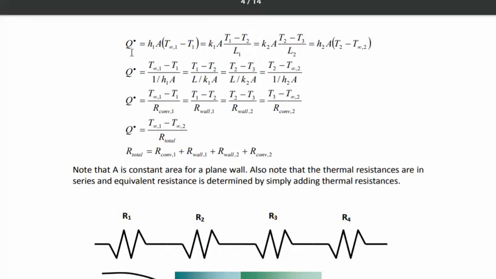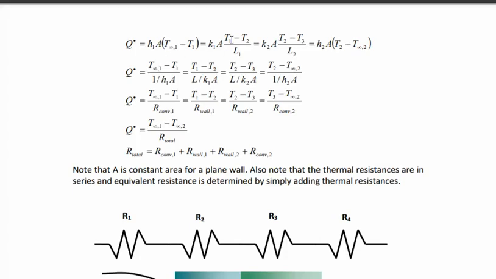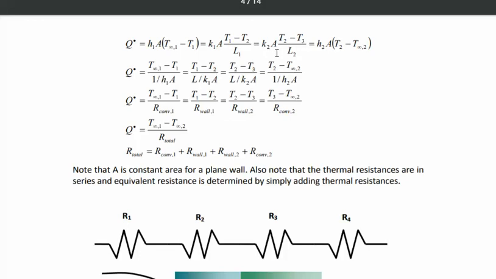In the total heat flow, that will be h1A into (T infinity 1 minus T1). That is the process for the initial phase, the resistance in the convection. Then k1A (T1 minus T2) by L1 is equal to k2A (T2 minus T3) by L2, is equal to h2A into the change of temperature T3 minus T infinity 2.